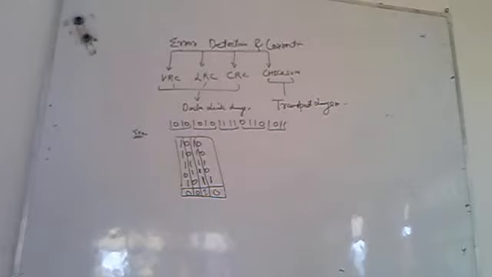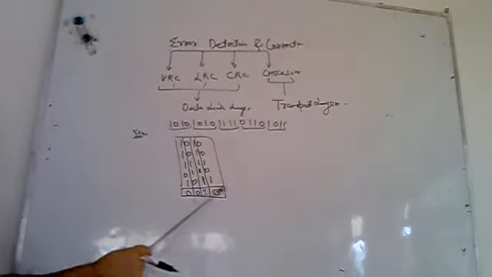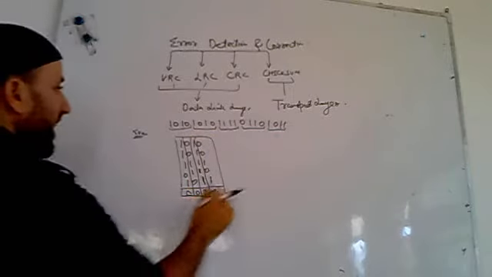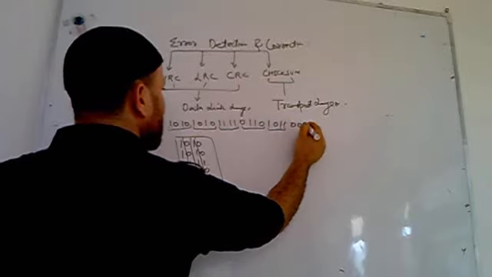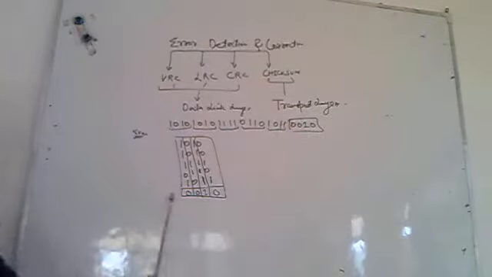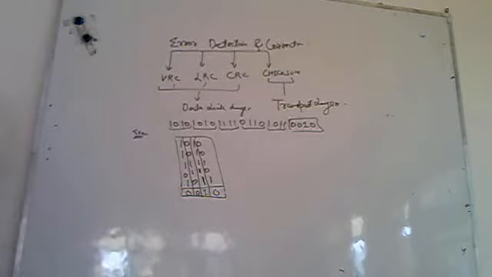Again, it's a redundancy, because this was my data, but I have to send this also. So at the end I will also send 0 0 1 0. This is my redundancy code, this will be my LRC, that I will also send with it.